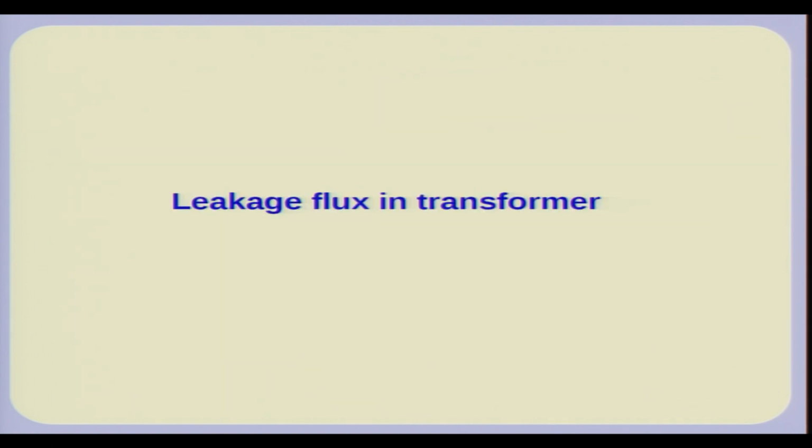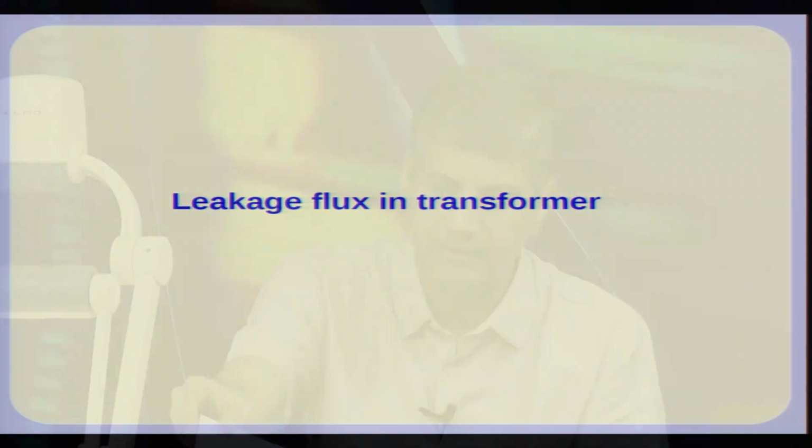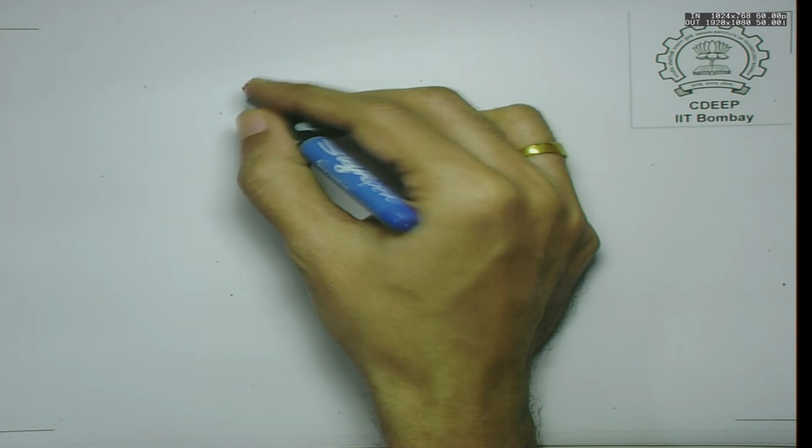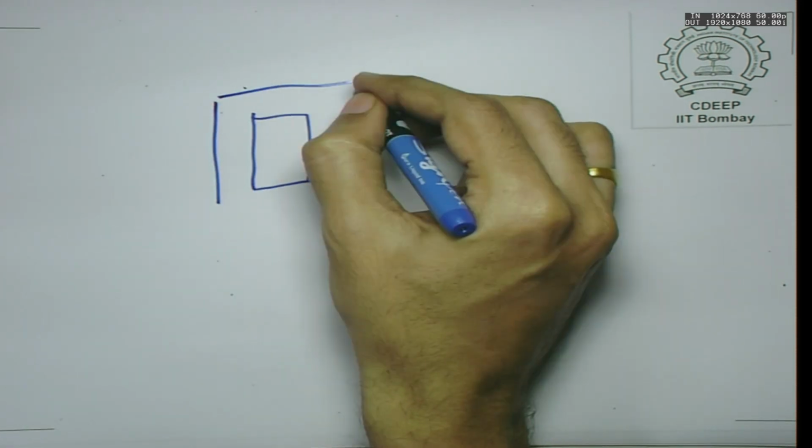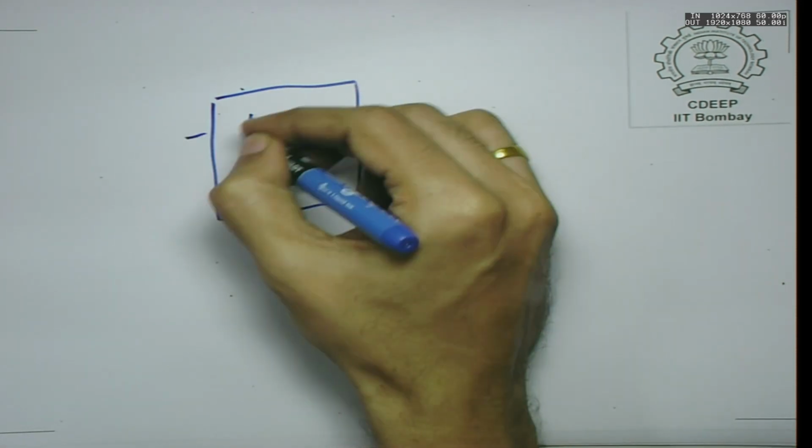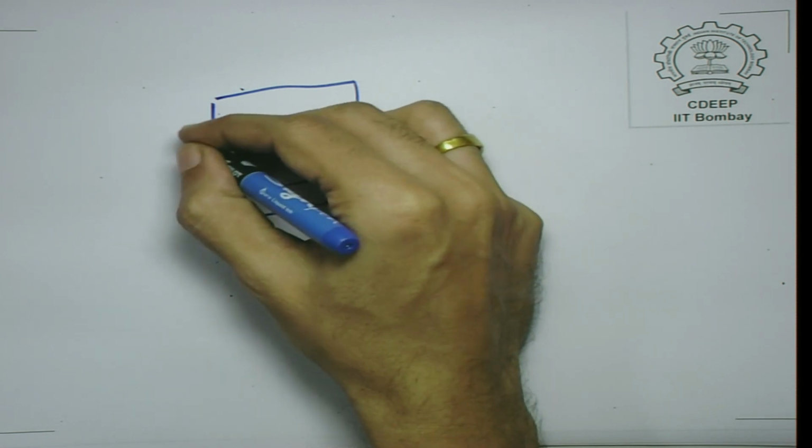Yeah. This is another concept which we should be aware of, that is leakage in a transformer. I have already mentioned this aspect some time ago. The ideal transformer equations were with the assumption that, let us say you have got two coils like the ones I had drawn some time ago.